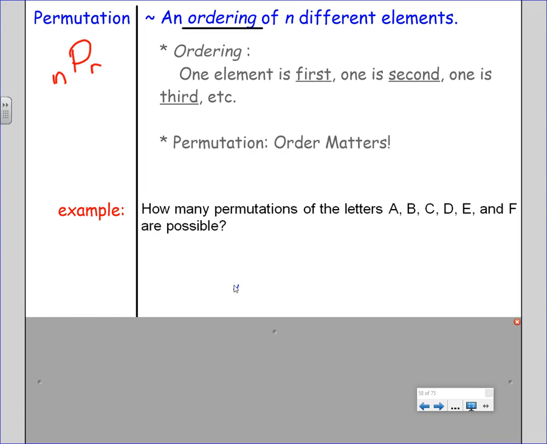Another way that they can say, especially dealing with letters, that order is important is they can say, 1, 2, 3, 4, 5. How many letters are there? 6? Instead of permutations, they could also say how many 6-letter words. For letters specifically, they could say something about 6-letter words.